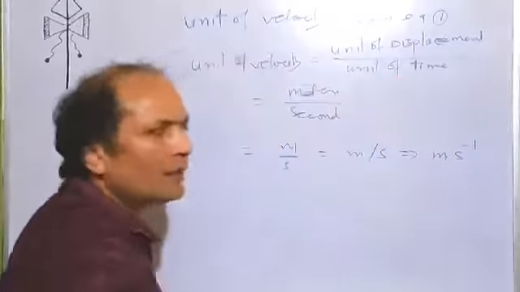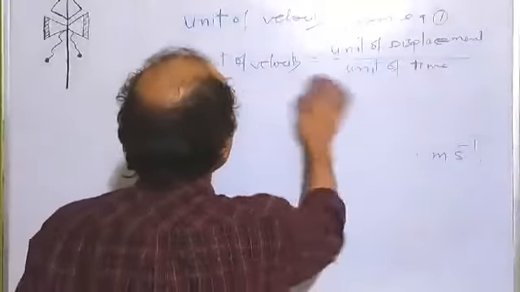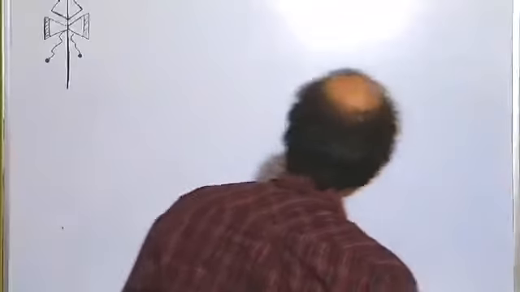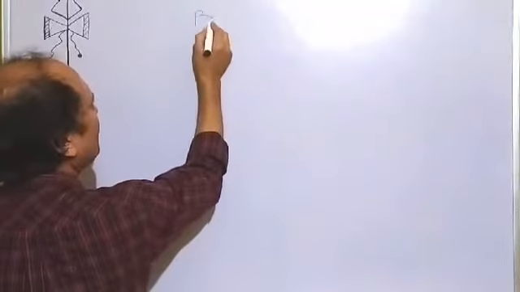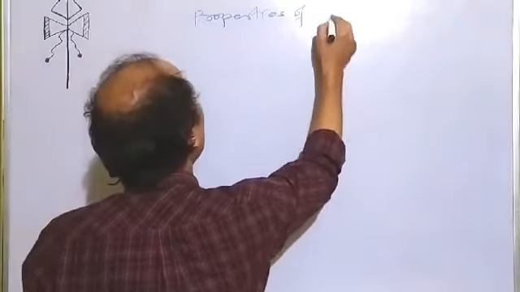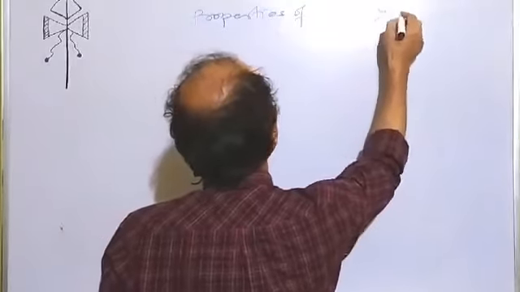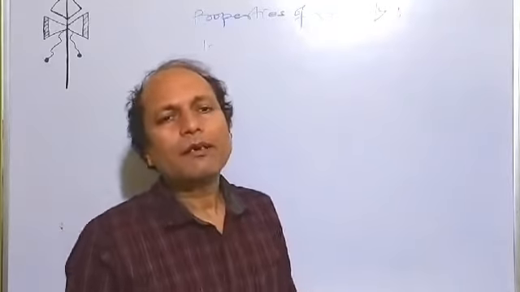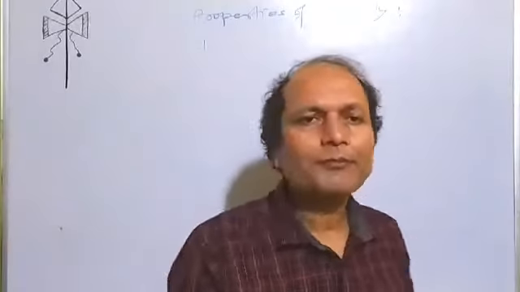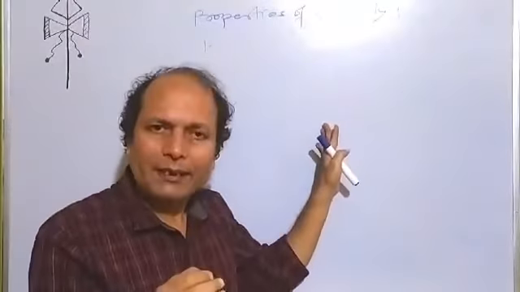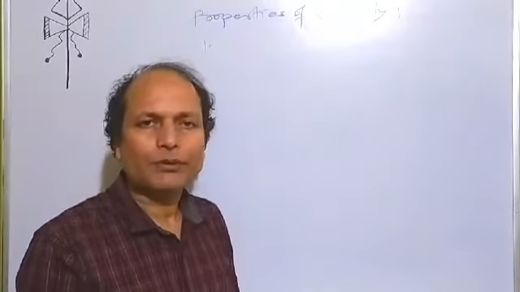On this pattern, some properties of velocity. Number one, in the case of velocity, velocity needs direction as well as magnitude.